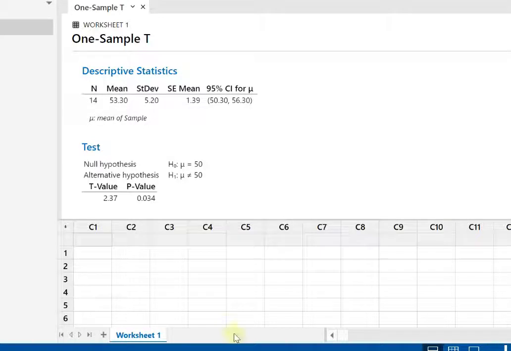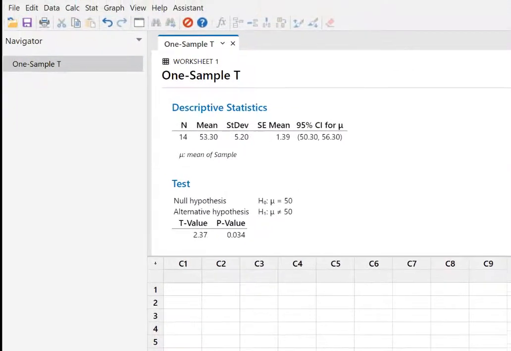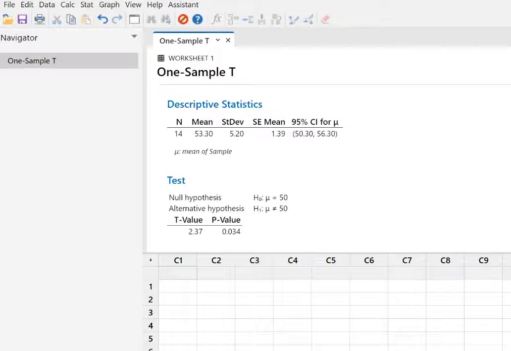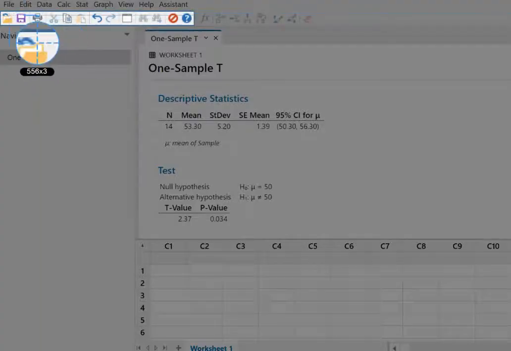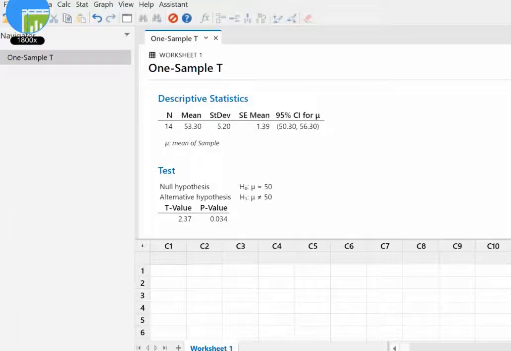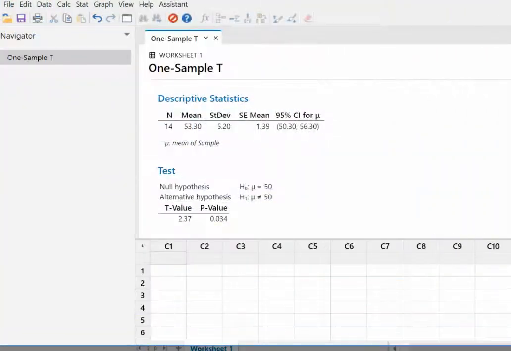And here's Minitab. Now let me resize my window here in Minitab. And there you go. That's Minitab. Let me make sure I'm doing this right, folks. There you go.